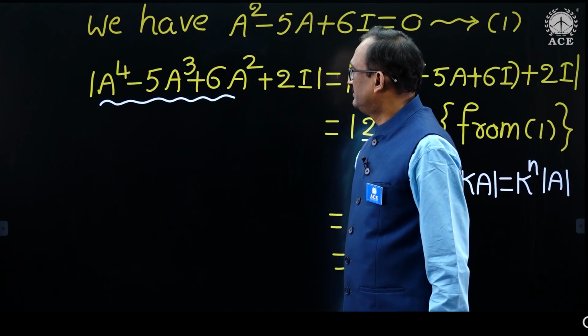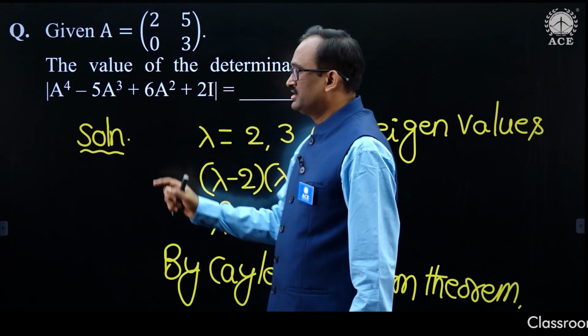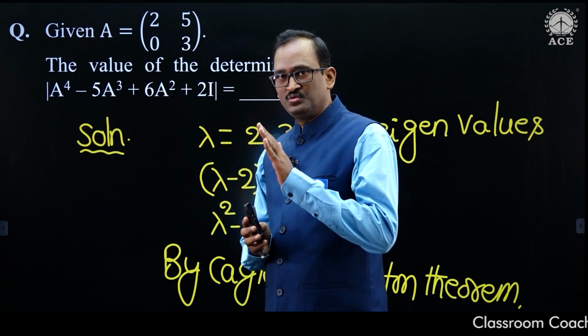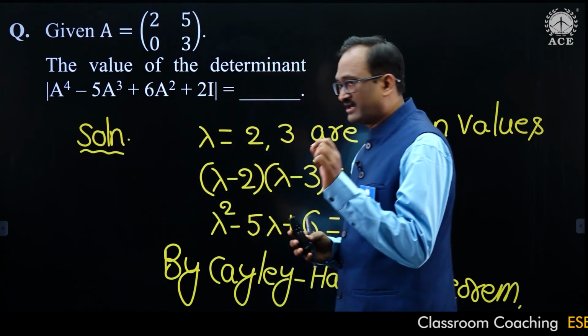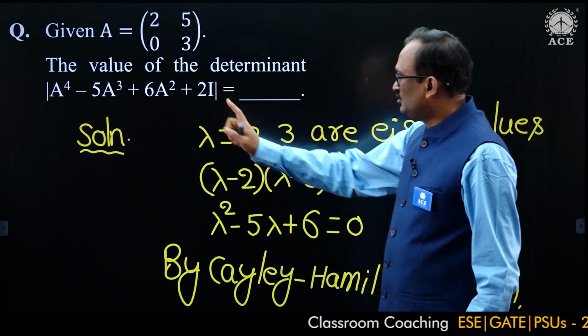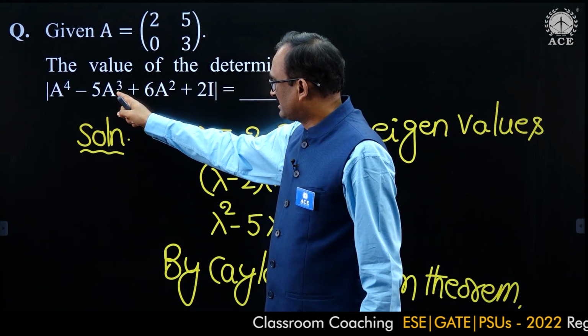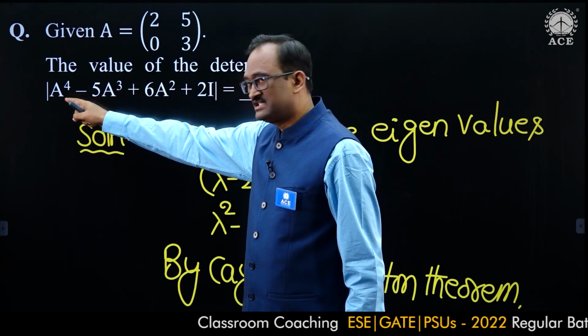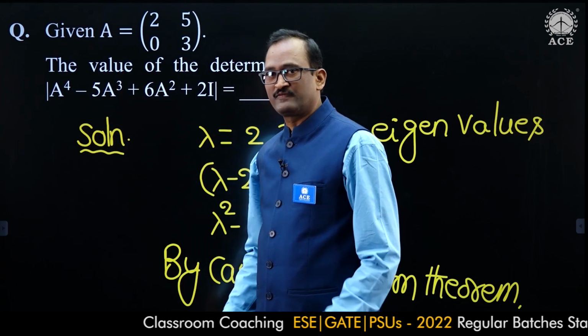Moreover, if lambda is an eigenvalue of matrix A, then lambda square is an eigenvalue of matrix A square, lambda cube is an eigenvalue of matrix A cube, and lambda power 4 is an eigenvalue of matrix A power 4.